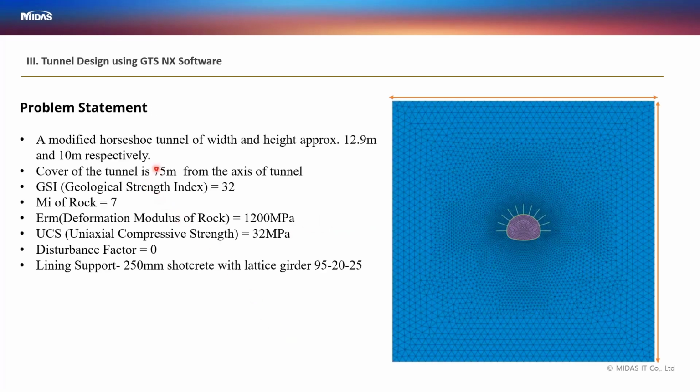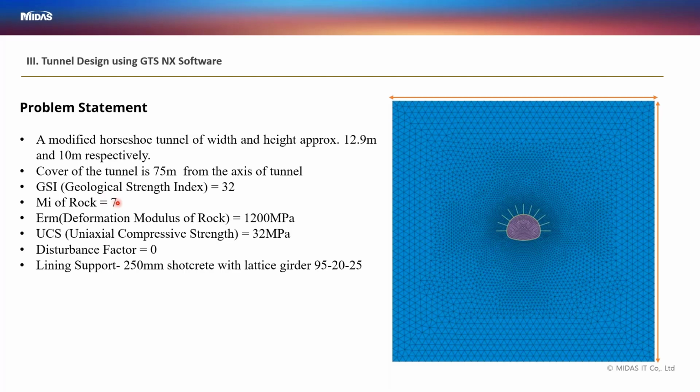So this is the problem statement. A modified horseshoe tunnel shape, of width and height approximately 12.9 and 10 meters respectively, and the cover of the tunnel is 75 meters from the axis of the tunnel. The GSI of the rock is 32 and the MI of the rock is 7.